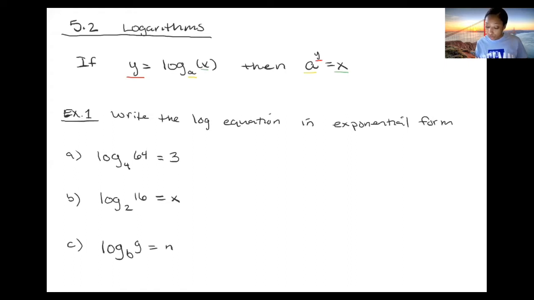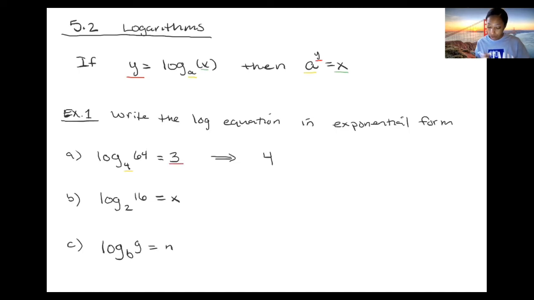All right, so when we write these in exponential form, first, we know that the exponential equation is going to have a base. Whatever the base of the logarithm is going to be the base of the exponential function. So here, the base of our logarithm is 4. That means we're going to have an exponential expression with a base of 4. Next, whatever the logarithm is equal to, that's what our exponent should be.